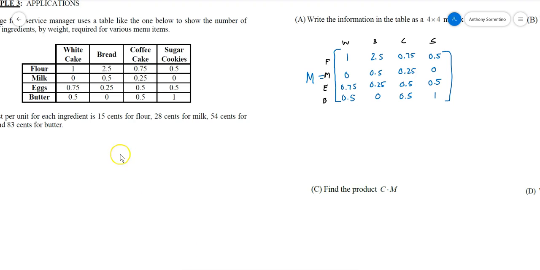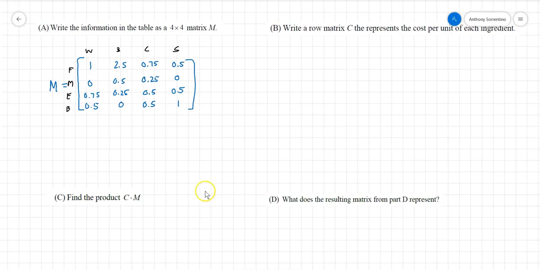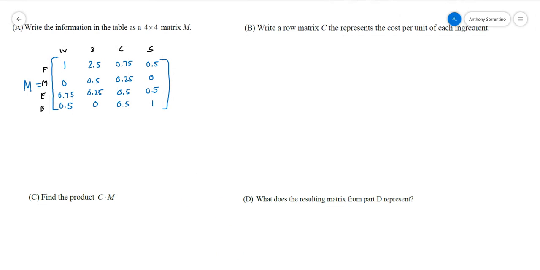They tell us how much it costs for each unit of this stuff, and they want you to make a cost matrix C, but they do tell you it's a row matrix, which means it's only one row. So C, based off of this, is going to be 0.15, 0.28, 0.54, and 0.83.